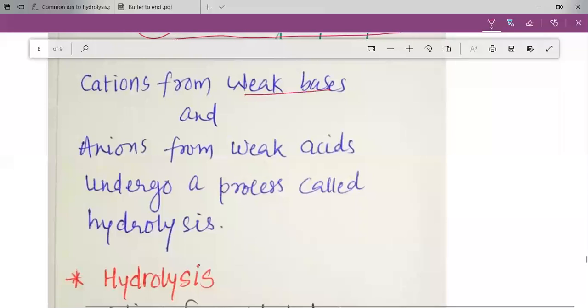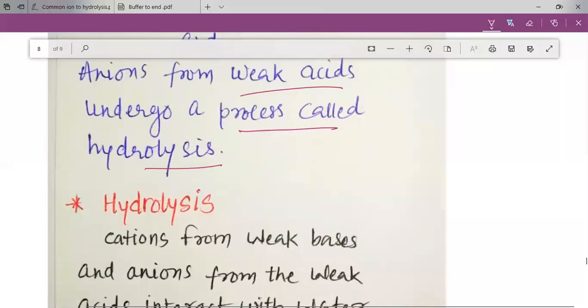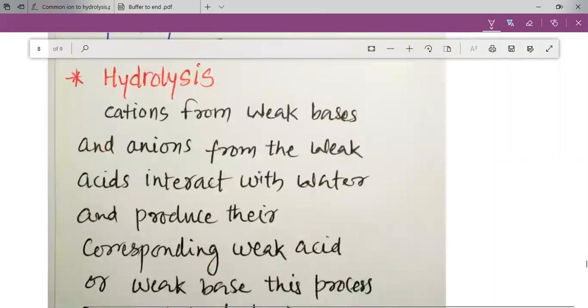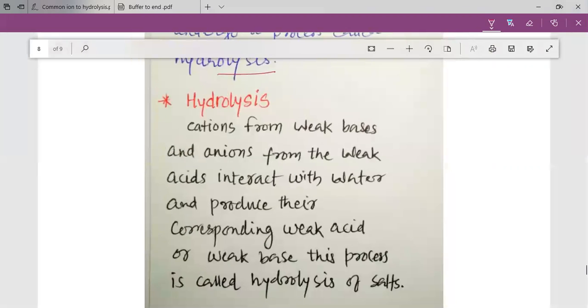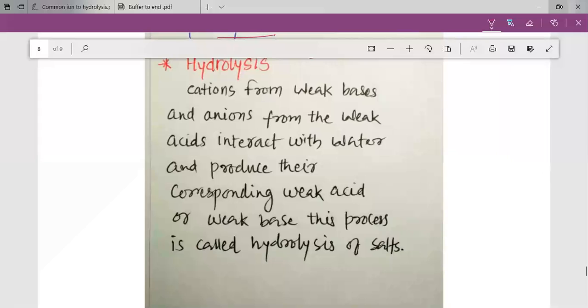Cations from the weak bases and anions from the weak acids undergo a process called hydrolysis. So now let us understand what is the meaning of the process hydrolysis. Cation from weak bases and anion from the weak acids interact with water and produce their corresponding weak acids or weak base. This process is called hydrolysis.